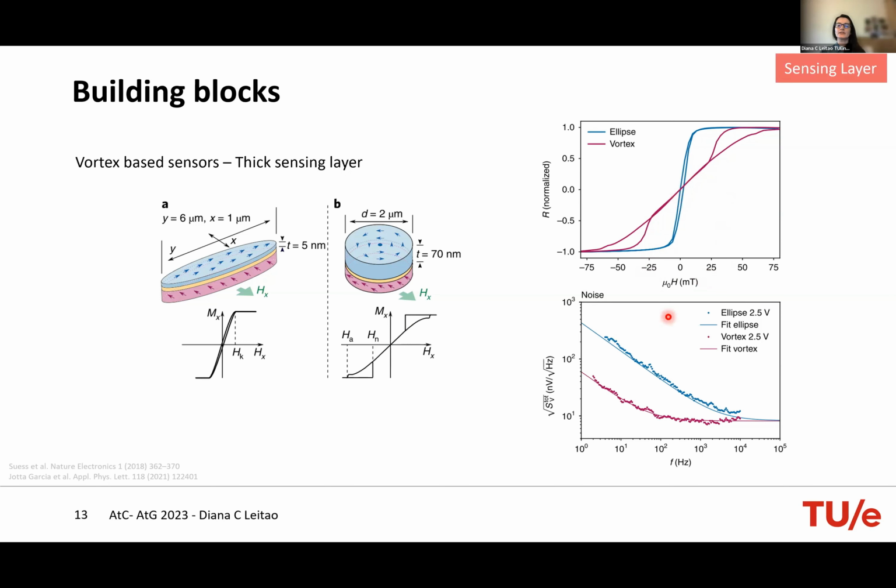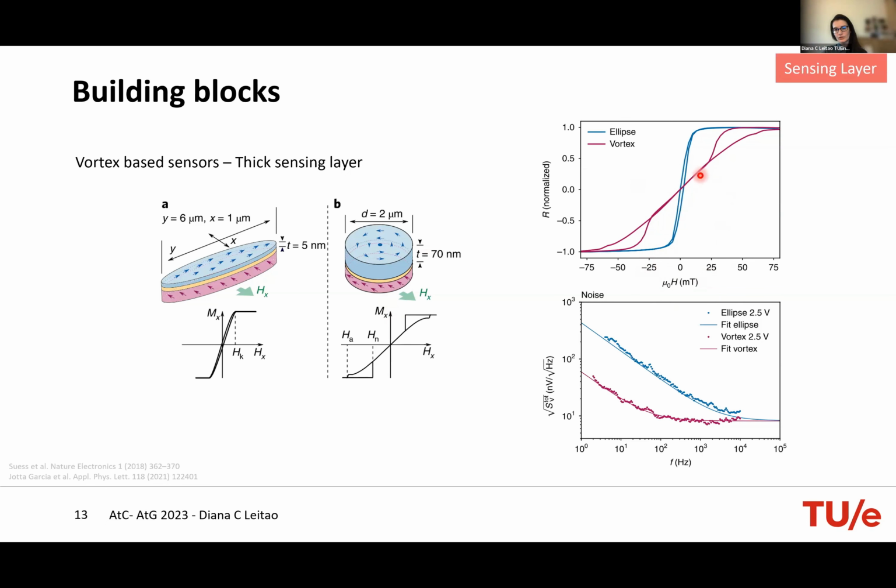So interestingly enough, these vortex-based sensors show a lower intrinsic noise level. So this solves part of the problem of going very small and having increasing noise for linearization. Now we see here a different approach, where even going small, we can still gain some advantage in terms of noise.